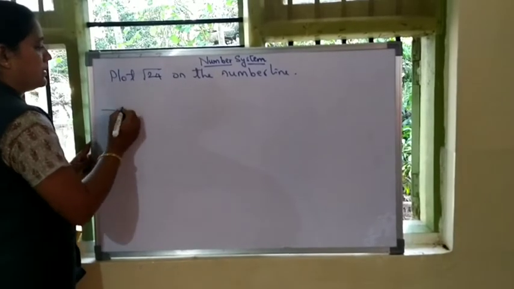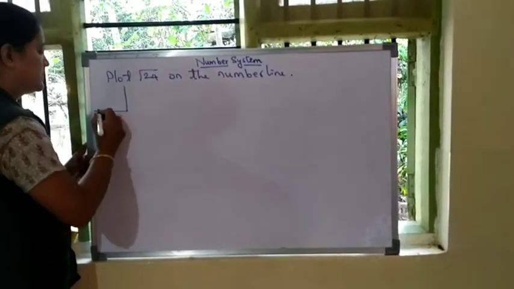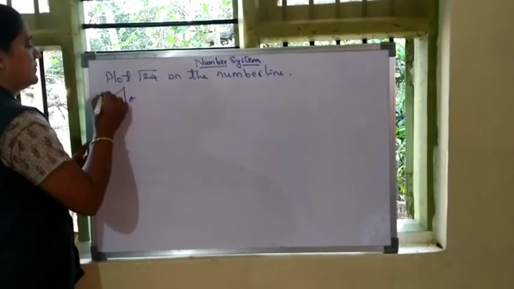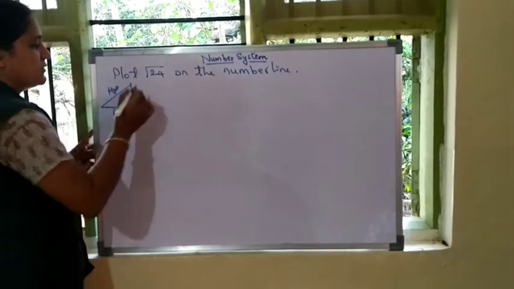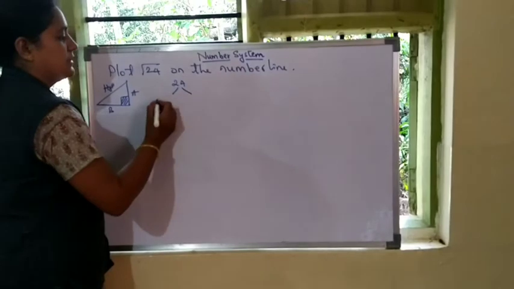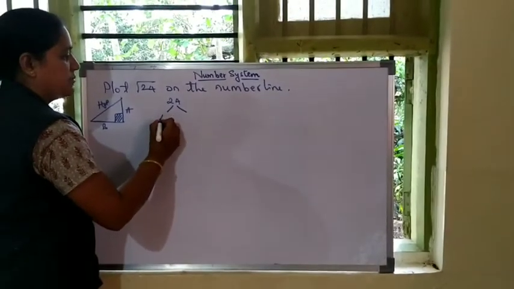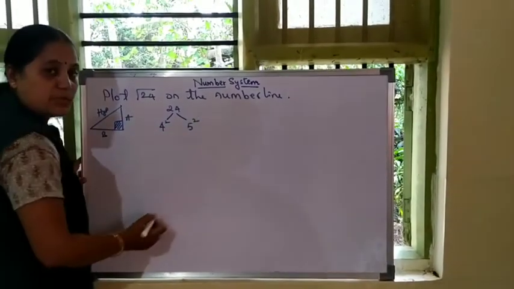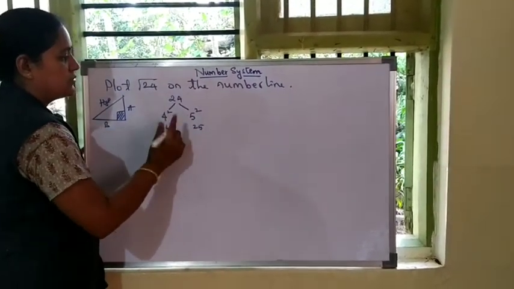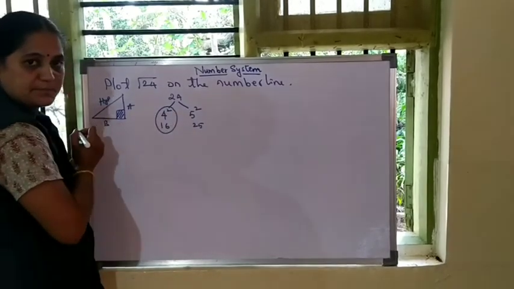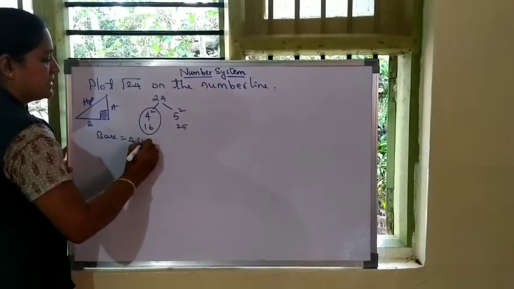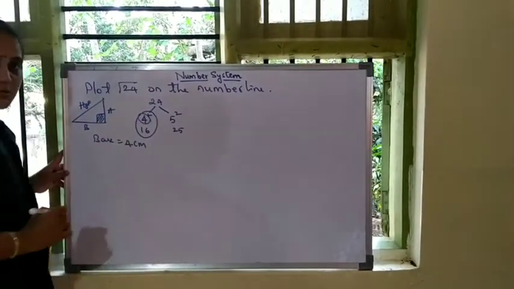I have to find out what base and what height I should take here. 24 is in between the square numbers 4 square and 5 square. 4 square is 16 and 5 square is 25. I am supposed to take the smaller one, so here the base will become 4 centimeter, as I told, its root is to be taken.